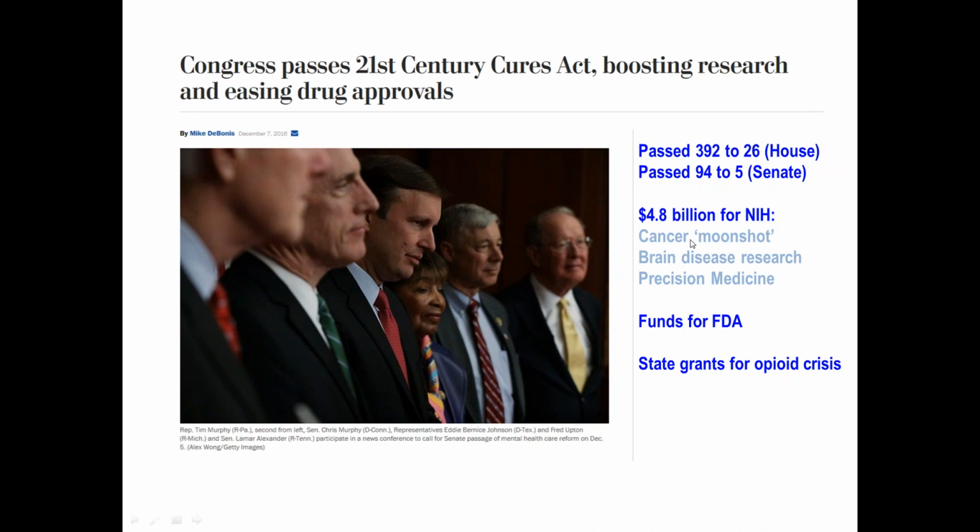A lot of that is earmarked for cancer research, Alzheimer's and other brain disease research, and precision medicine initiatives. But there was some other money that is generally able to support funding for other programs. So this was a step in the right direction. And this follows basically 10 or 15 years in which the NIH budget was pretty flat and didn't grow at all. That's really made it difficult to get new grants funded and move science forward.